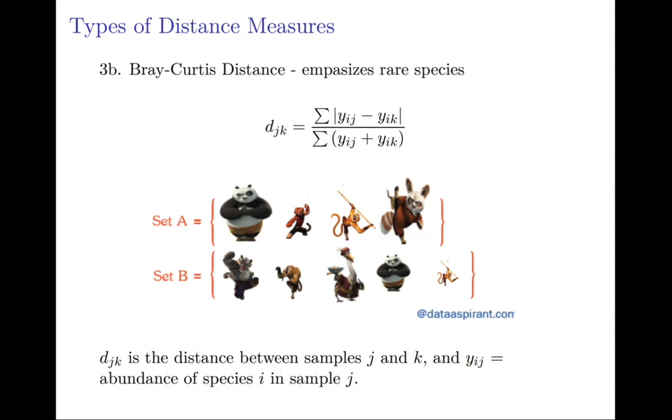Thinking of set A and B as sites J and K, you can see that there are 4 species in site A and 5 species in set B, but the panda in set A is much bigger than the panda in set B, so there's a lot more panda in set A, and so you can sort of see the differences there, right? There's a larger monkey with a stick in set A than monkey with a stick in set B. So that's what you're thinking about when it comes to Bray-Curtis. You're thinking about abundances.